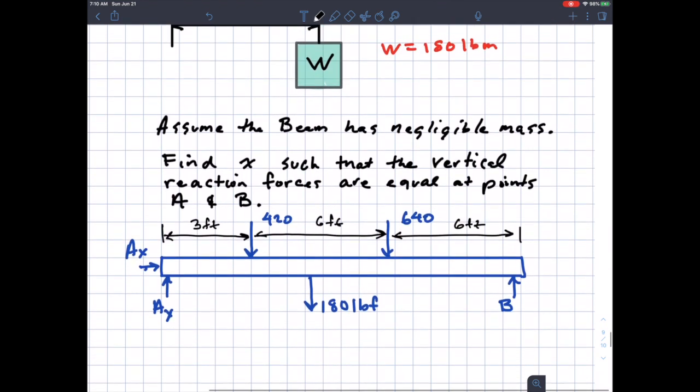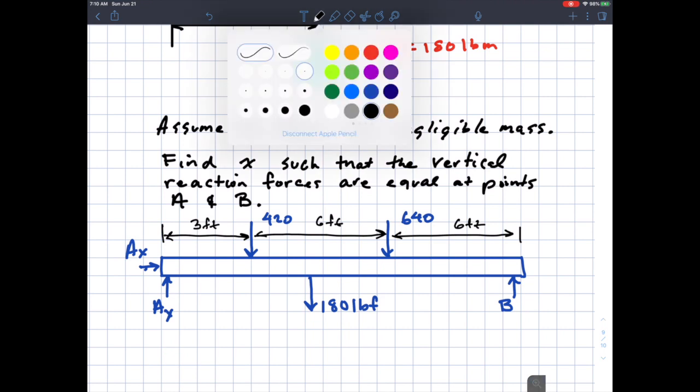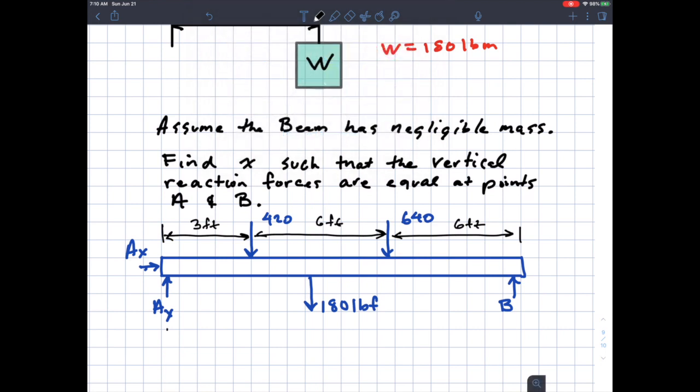I didn't put that mass in yet. Oh yeah, I did. All right, that distance is going to be x. We don't know what x is.